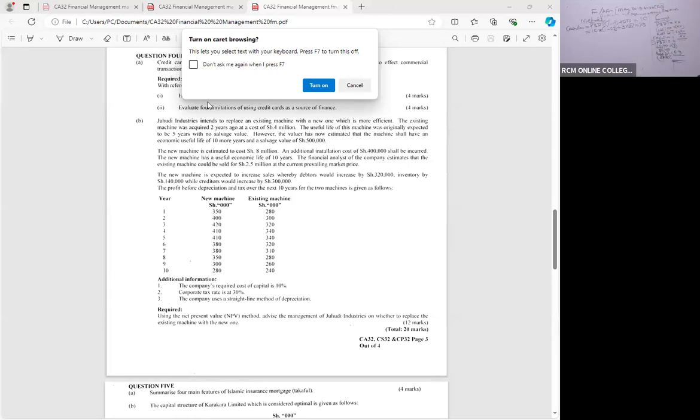They're telling us here, Juhudi Industries Limited intends to replace an existing machine with a new one, which is more efficient. The existing machine was acquired 2 years ago at a cost of 4 million.